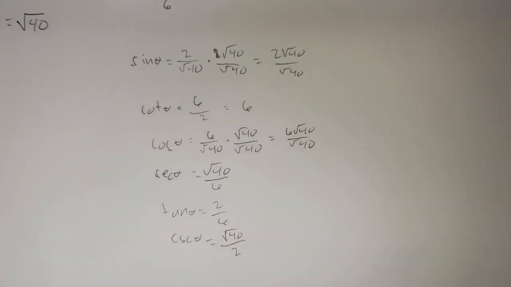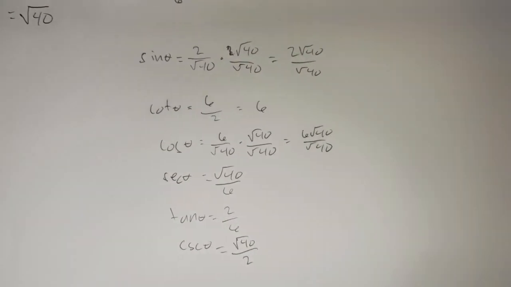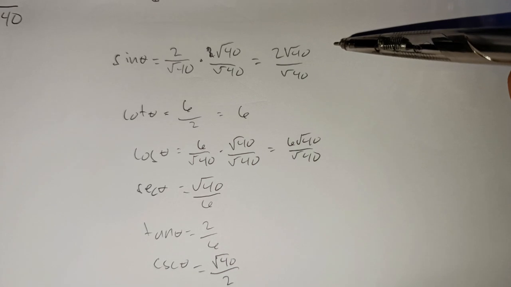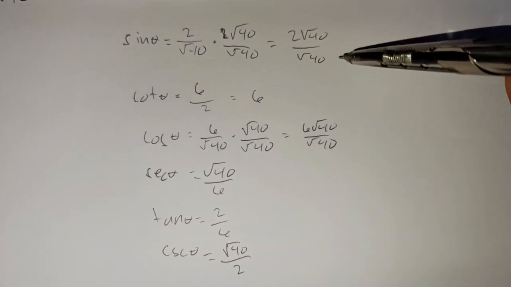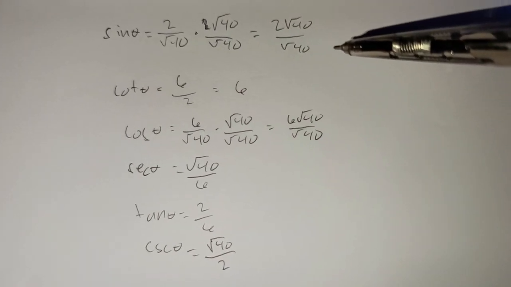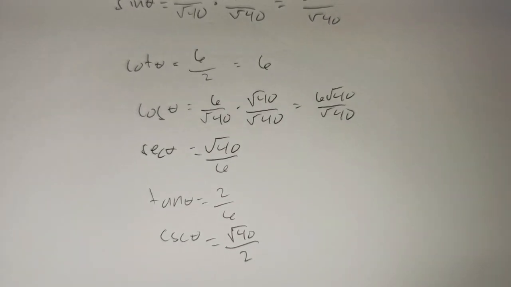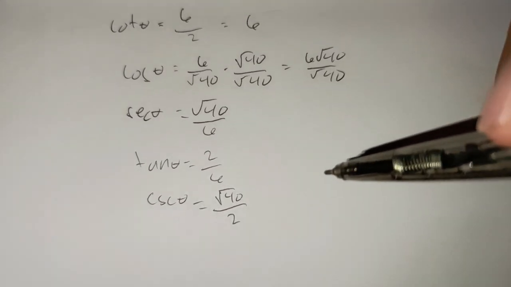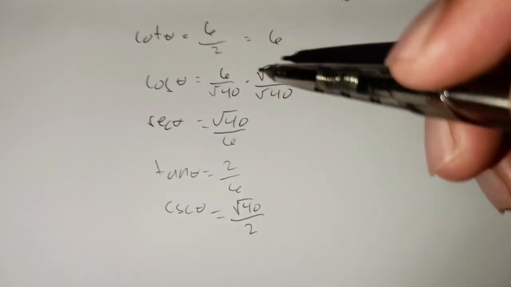Now we have located the six trigonometric functions, where sine is 2 over the square root of 40. Tangent is 2 over 6. Cosine is 6 over the square root of 40. The secant is the square root of 40 over 6. The cosecant is the square root of 40 over 2.